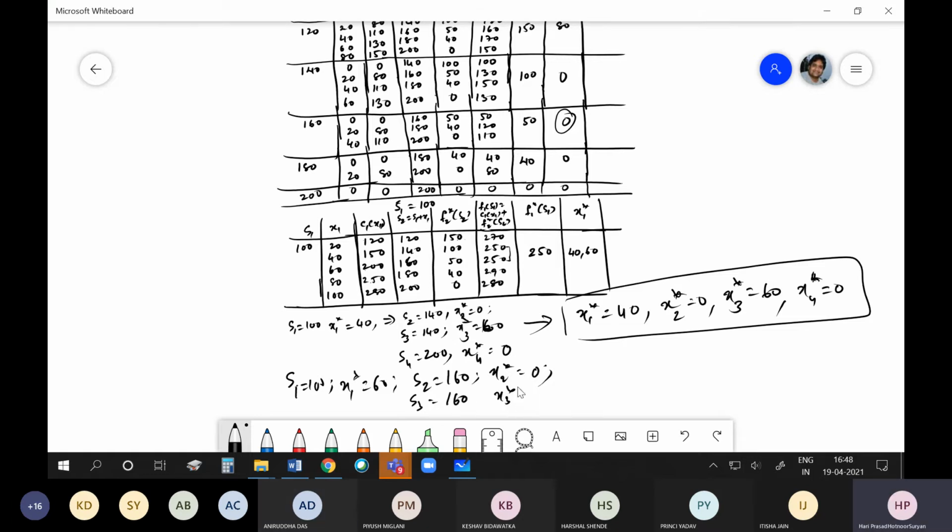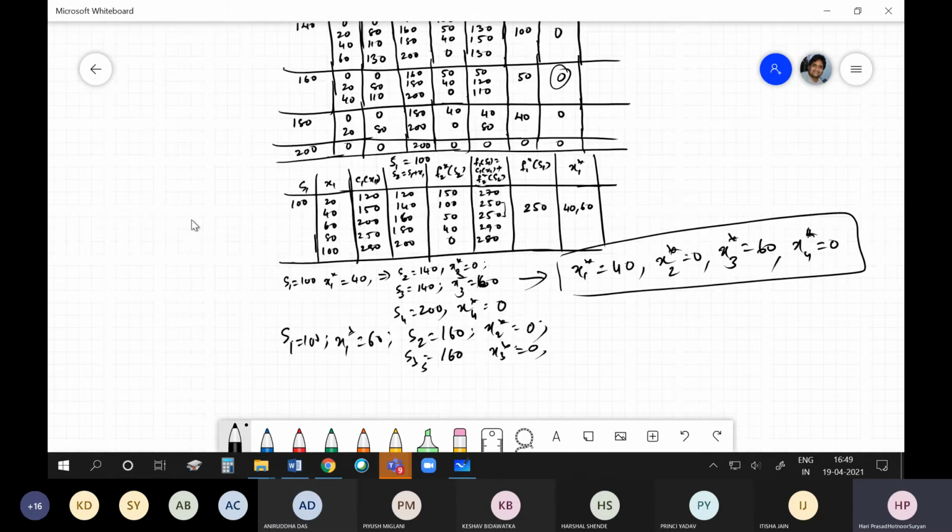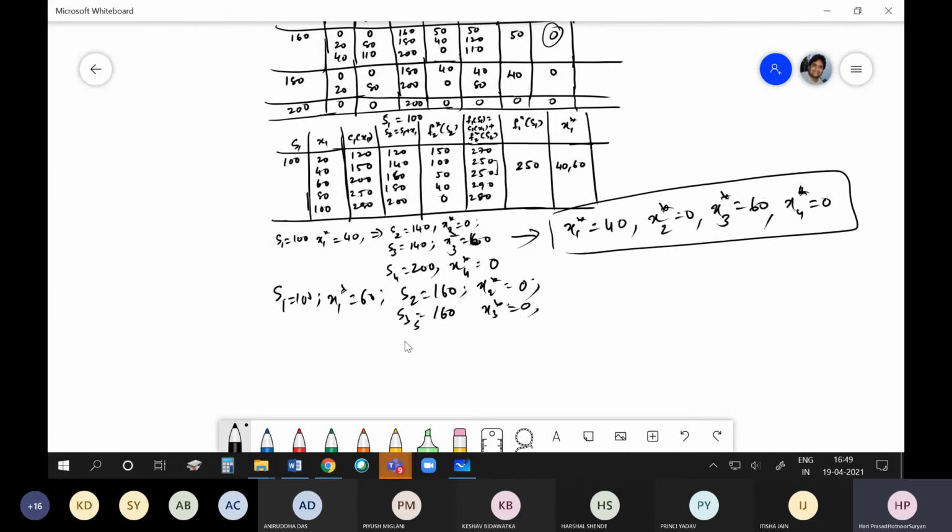What will be X3 star? 0. X3 star is also 0. And S4 will be 160. Just 1 minute. So S4 will be now 160. Okay, for that X4 star will be 40.